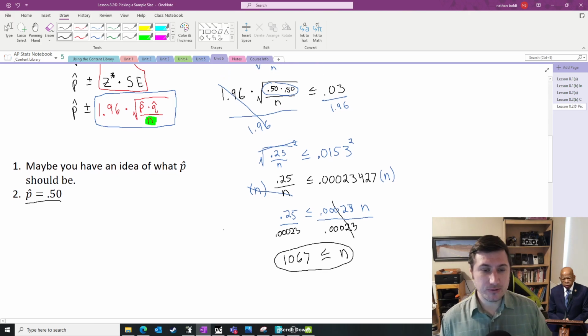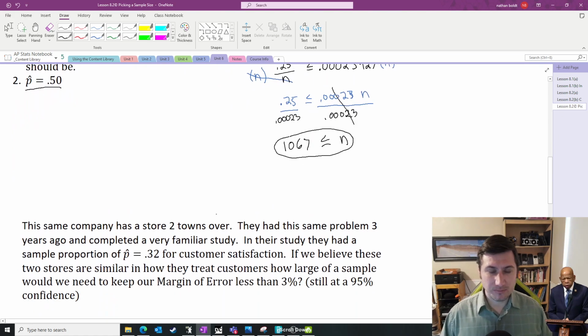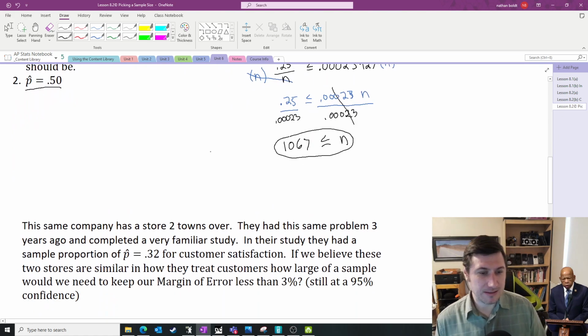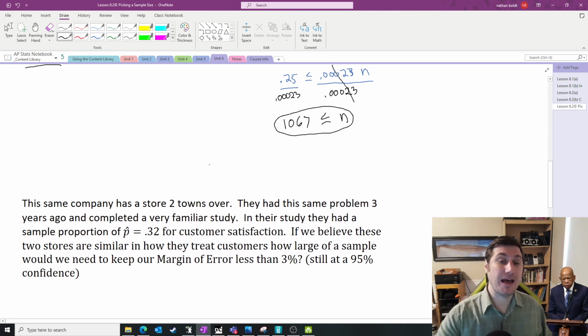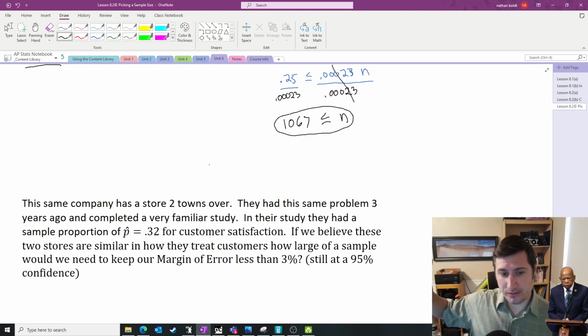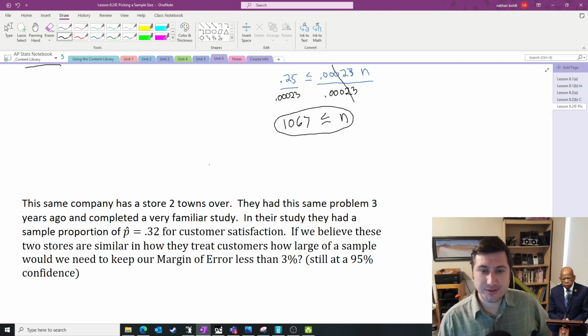All right, let's do that one more time. It's kind of a long process, but same problem, but this time we're going to have an idea of what p hat might have been. So the same company has a store 2 towns over. They had this same problem 3 years ago and completed a very similar study.